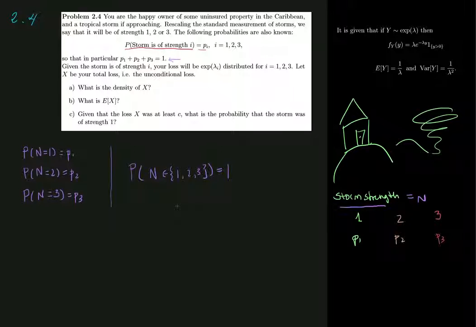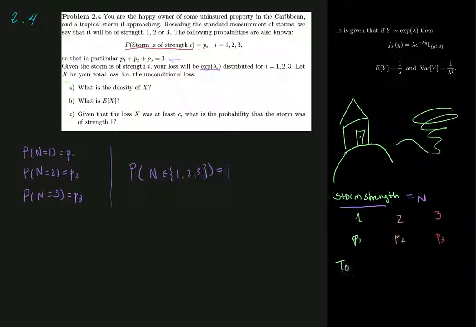Now, what else do they tell us in this exercise? They say, given that the storm is of strength i, your loss will be exponentially distributed with parameter lambda i. So what this means is that your loss will be exponentially distributed with some parameter lambda i, and they let X denote the total loss.